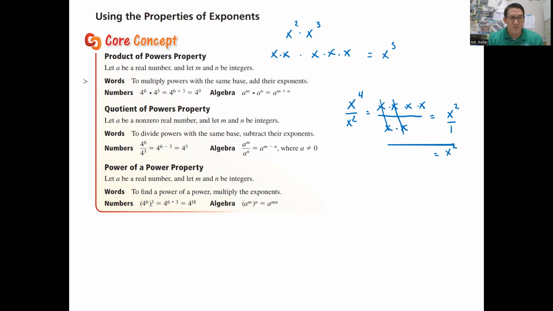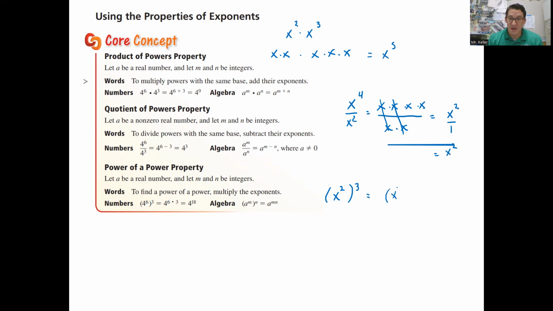Power property. So if you're taking a power of a power, you multiply the exponents. So 4 to the 6th to the 3rd power is 6 times 3, which is 18. So why don't we show this one real quick? Let's say we had x squared cubed. We'll do the cube.